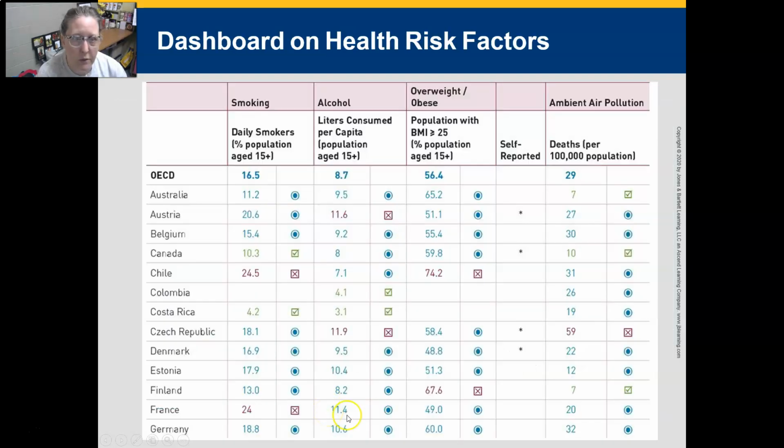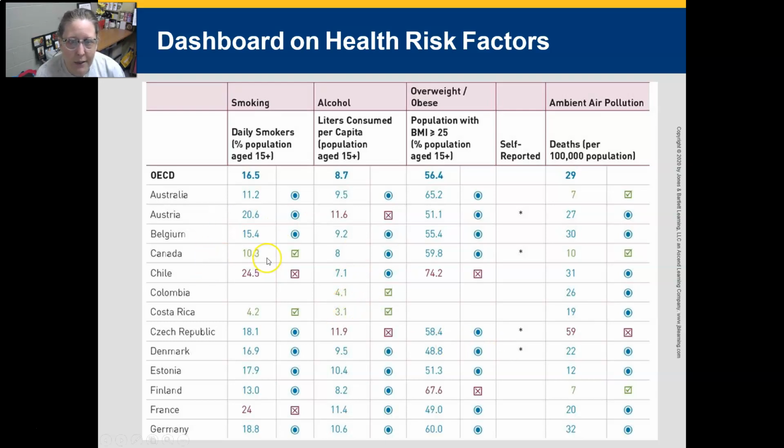And the amount that are overweight or obese. This is the percent of the population with a BMI above 25. For OECD countries, above half of the population, 56.4 is the average. In Australia, it is higher than that, 65.2.